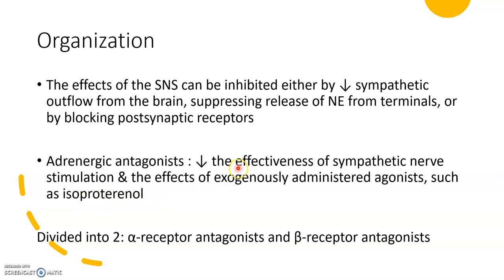So that's how they act. Logically, they are divided into two. One blocks the alpha receptor, known as the alpha receptor blockers or alpha receptor antagonists. Secondly, we have the beta receptor blockers or beta receptor antagonists.